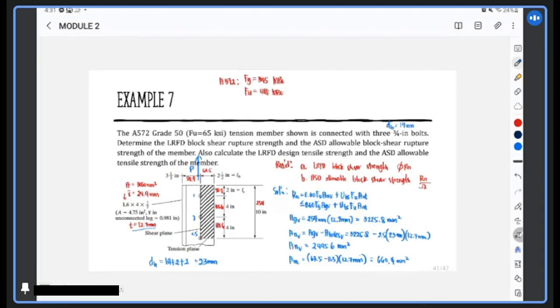Because ang gross area natin would be itong part na ito, the angle plus itong area na ito, buo. That is our gross area and perpendicular to your screen. Okay, yun yung ating section. That's the gross area and it is 3,060.